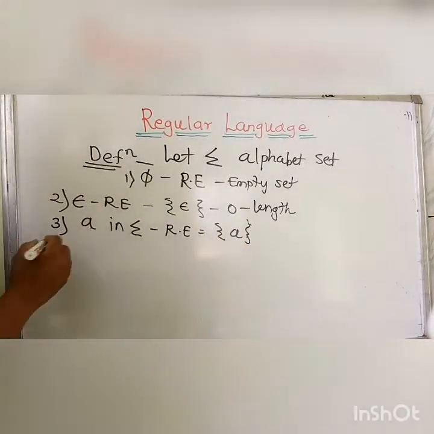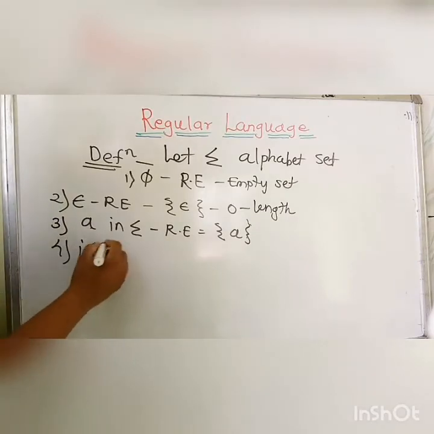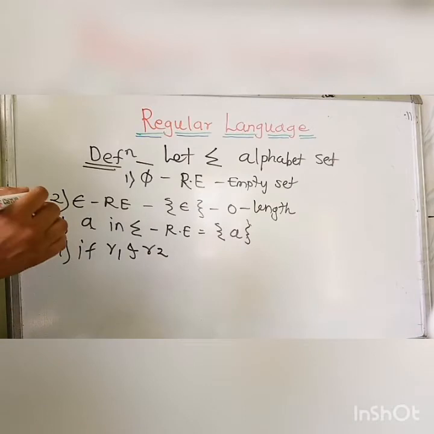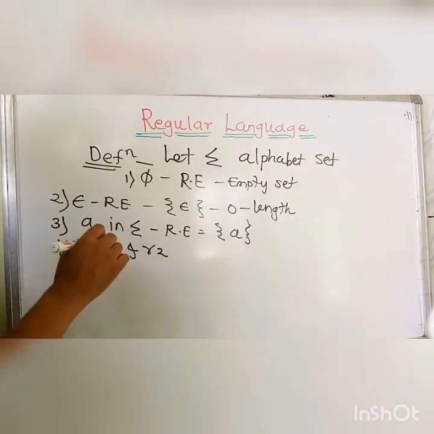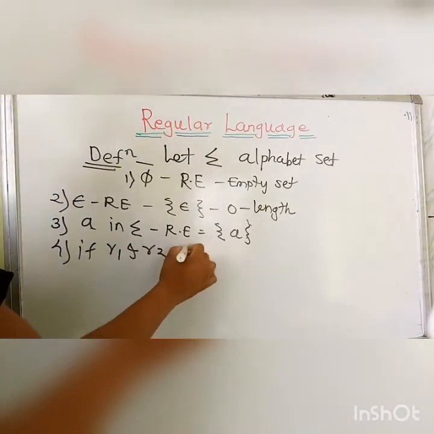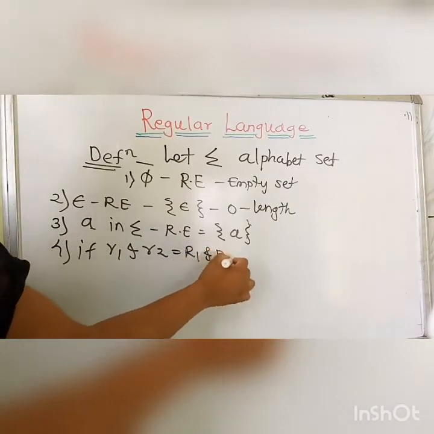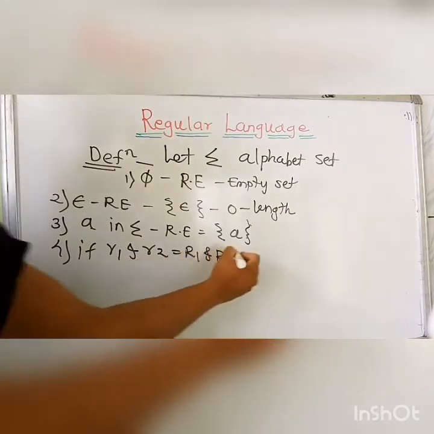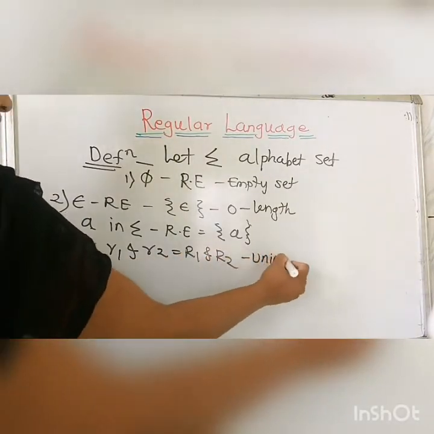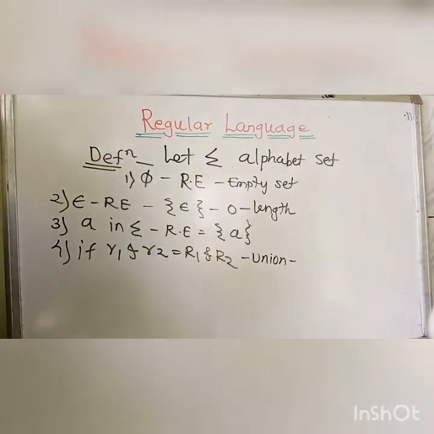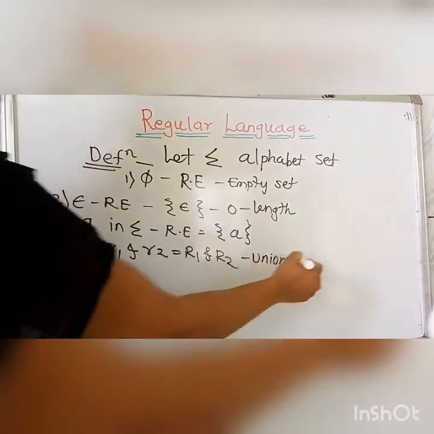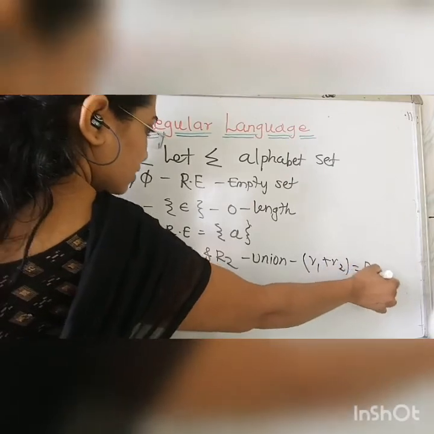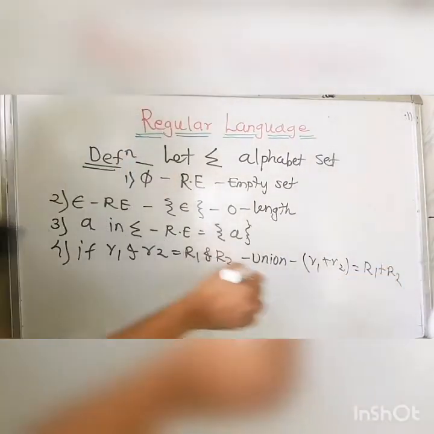Now, if R1 and R2 are regular expressions denoting the languages capital R1 and capital R2, then the union of these regular expressions is denoted by plus, that is R1 plus R2.